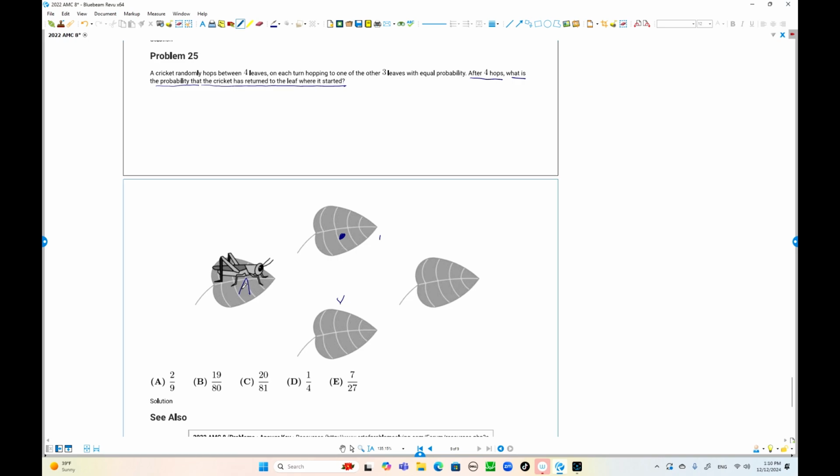This cricket, you can start from A. Take this as B, this as C, this as D. So from A, you can start B or C or D. We have 3 choices when you start from A: to go B or to go C or to go D, right?